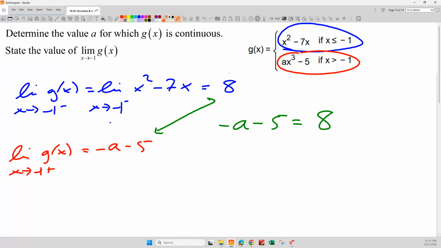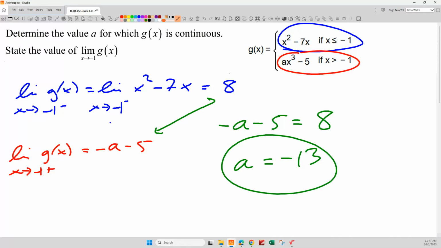What do I get? a equals negative 13? Oh, hold on, did I do that right? Yeah, right. Okay, so then the answer for a is -13. That's the value that we have to choose for a.